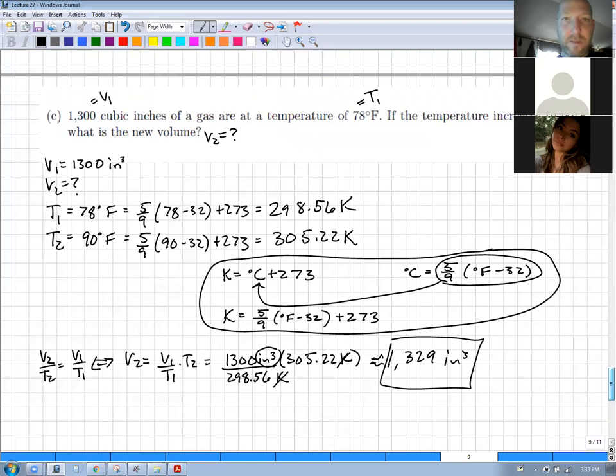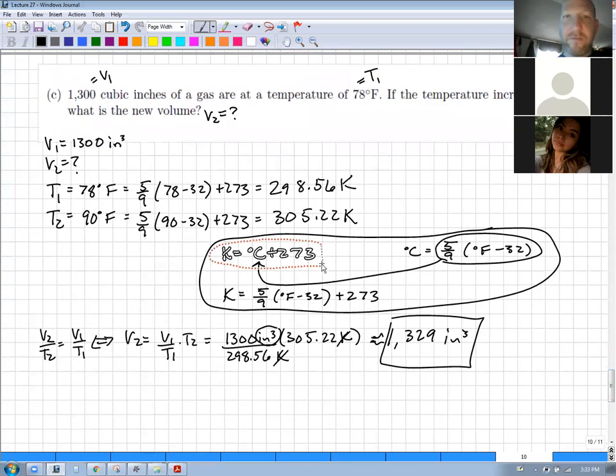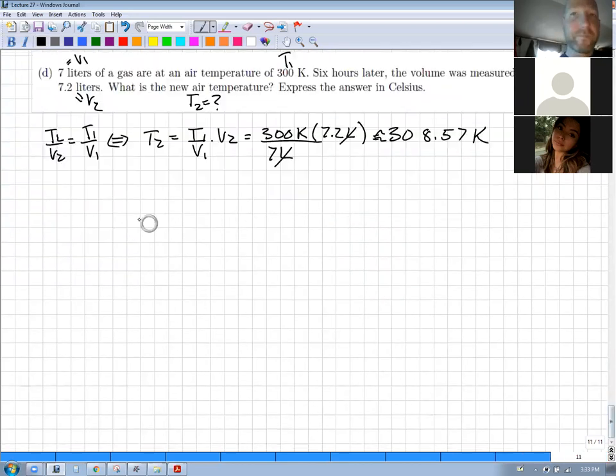So let's see, here's our Kelvin to Celsius here. If this is true, then degrees Celsius is Kelvin minus 273.